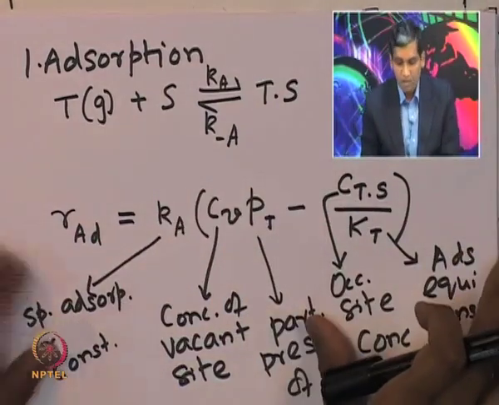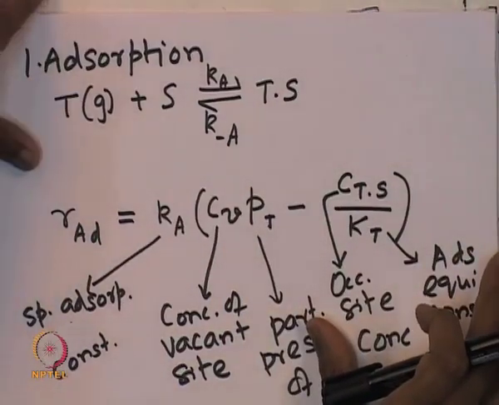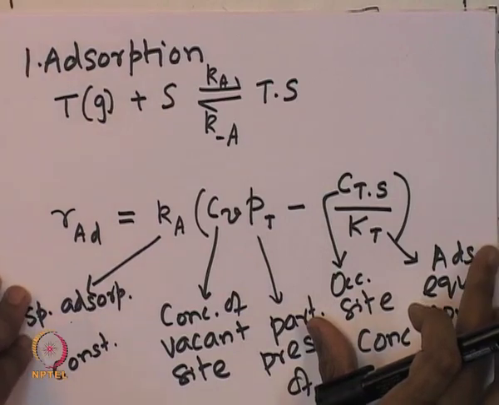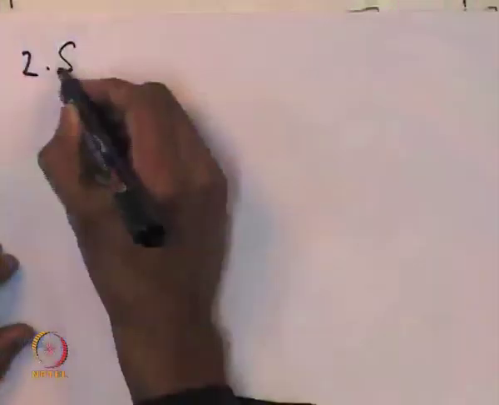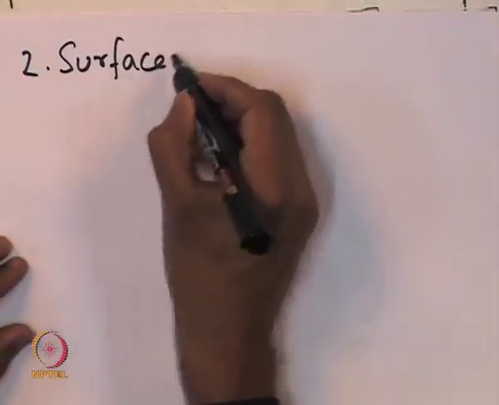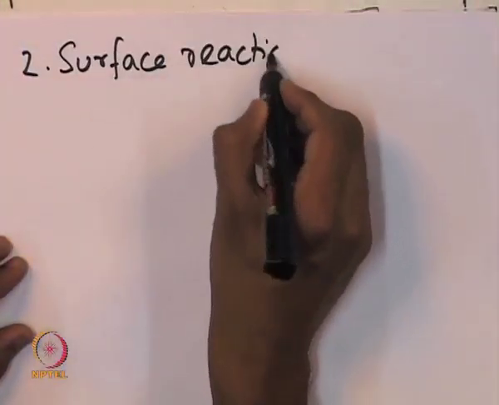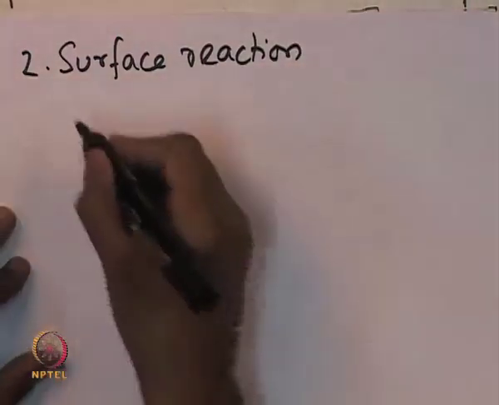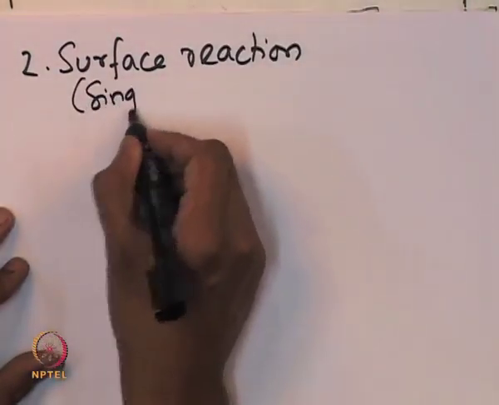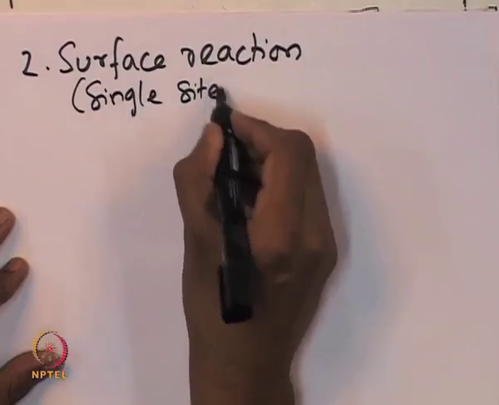Let us go into the details of the next step we outlined, the surface reaction. Let us assume it is a single site reaction, where only the toluene molecule adsorbed onto one site is involved in the catalytic reaction.